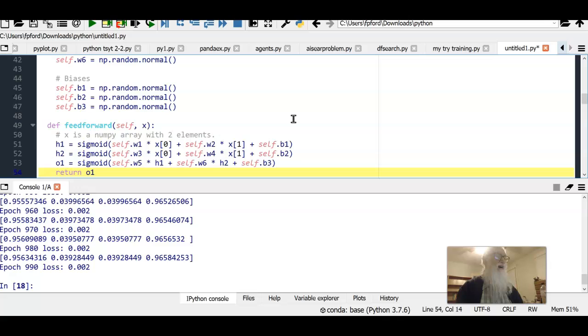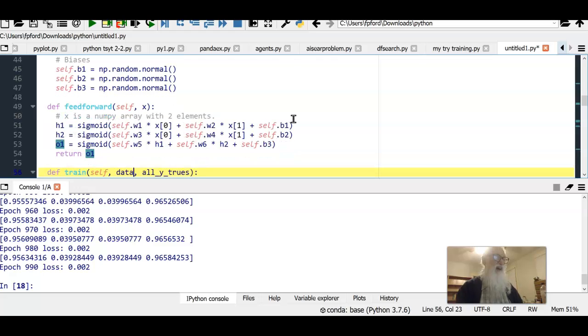Then we compute the actual H1s and H2s: self.W1 times X0 plus self.W2 times X1 plus self.B1. And we do that. We compute O1 and we return O1, which is the answer.